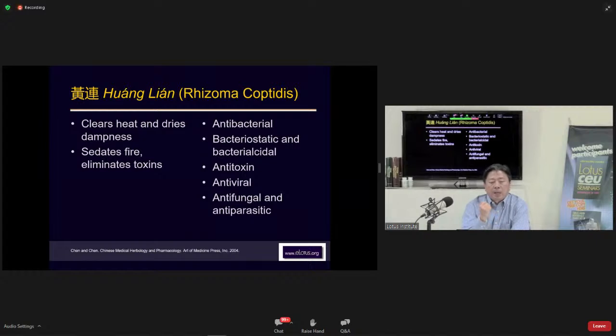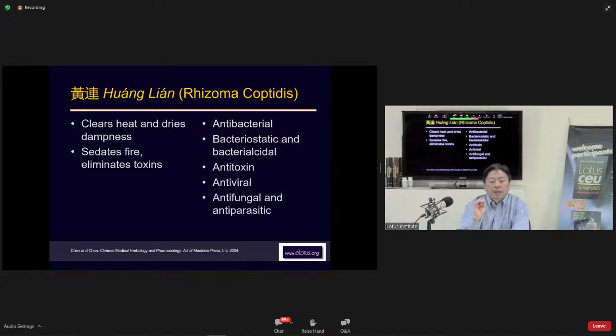And what they have found is that this herb has a lot of excellent pharmacological effects, including antibacterial, and more specifically bacteriostatic and also bactericidal. Antibacterial basically means they are effective against the bacteria, but more specifically bacteriostatic. Static means to stay the same.